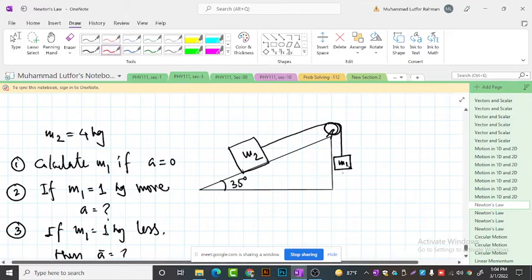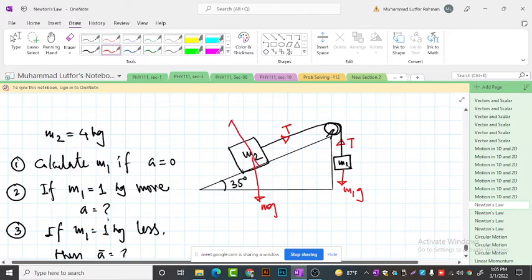So this would be my M1G. This would be my tension T. This will also be the tension T, because it is the same string. Tension is going to be the same, right? For this one, it should be mg.